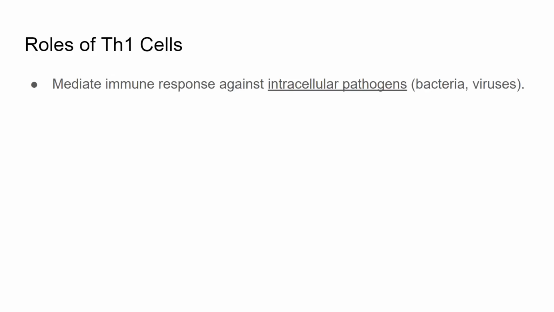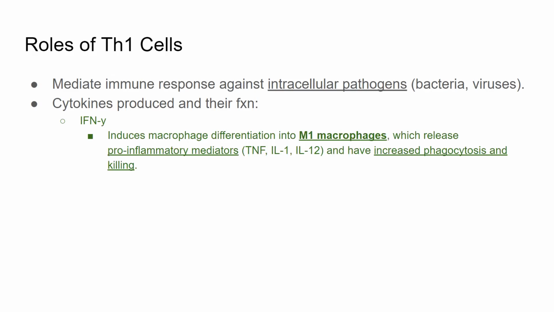Now we're going to talk about Th1 cells in more detail. I mentioned this, but they're really good against intracellular pathogens, so bacteria and viruses mostly. There are multiple different cytokines produced. What does interferon gamma do? What's its big job? It has to do with macrophages. Very good, specifically M1 macrophages.